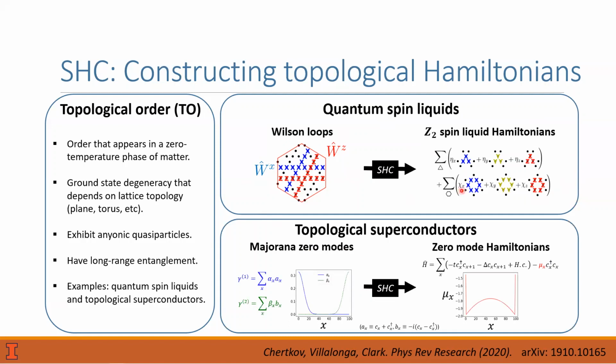And we did something similar with topological superconductors. Topological superconductors have these symmetries called Majorana zero modes. And so we could provide Majorana zero modes as input into our method and find new examples of Hamiltonians that commute with these Majorana zero modes. Okay, so that's a brief summary of what we did with this method.